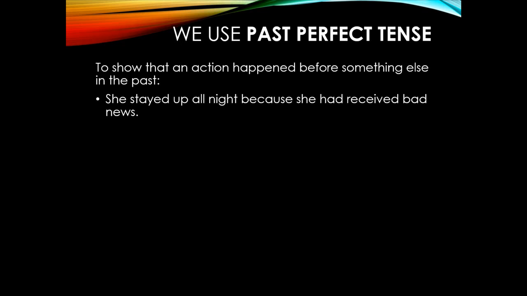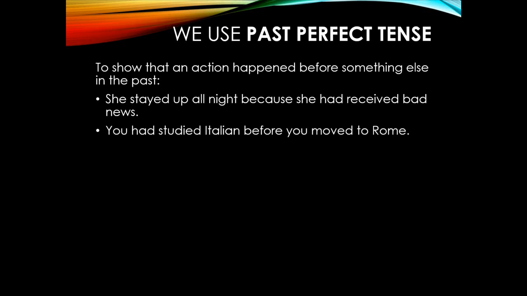So to show that an action happened before something else in the past, we use past perfect tense. Another example, we had studied Italian before you moved to Rome. So you had studied Italian before you moved to Rome. Before you went to Rome, you had already studied Italian. That means the action happened before something else happened in the past.